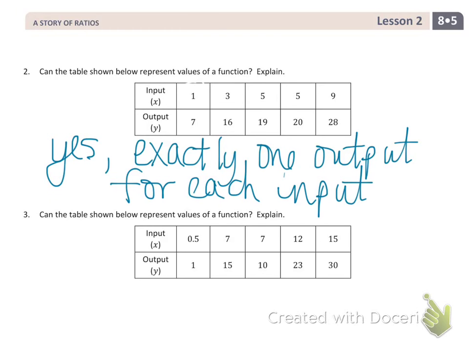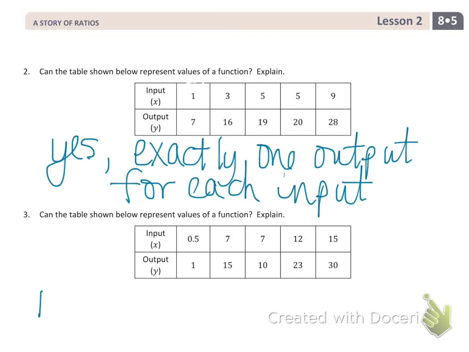Okay, so if we look at number 3, we're going to do the same thing. We're looking that for each input value, there's exactly one output. But we notice in this table that we've got an input of 7 and an output of 15 here, and we've also got an input of 7 and an output of 10.